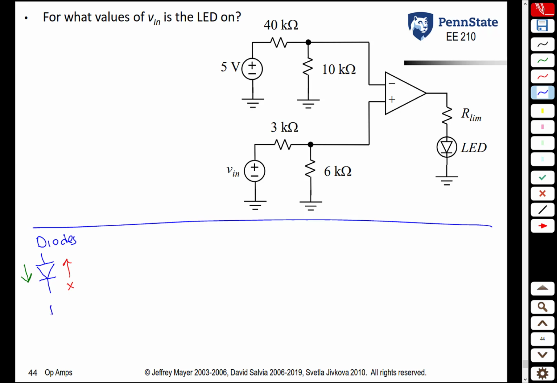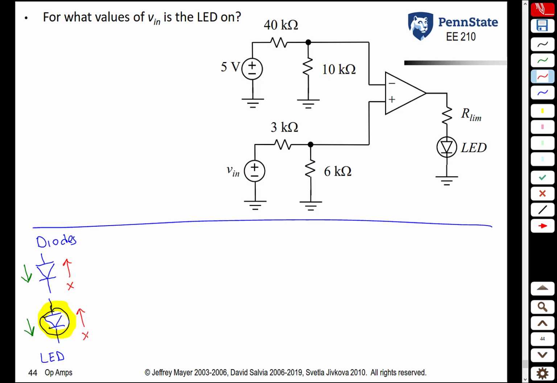The only difference between a diode and a light-emitting diode is that a light-emitting diode lights up when the current flows. So a light-emitting diode, or LED, looks like that. Like a regular diode, it lets current flow in this direction, and when it does, it lights up, and it does not allow current to flow in this direction.